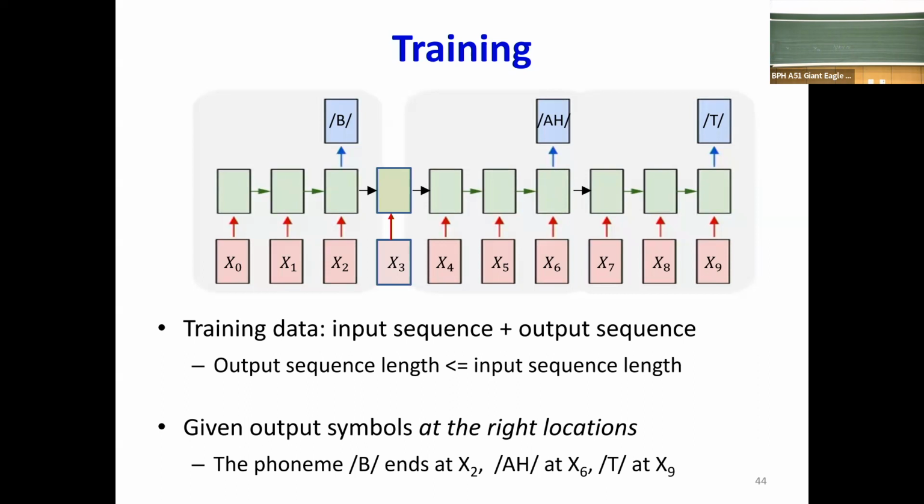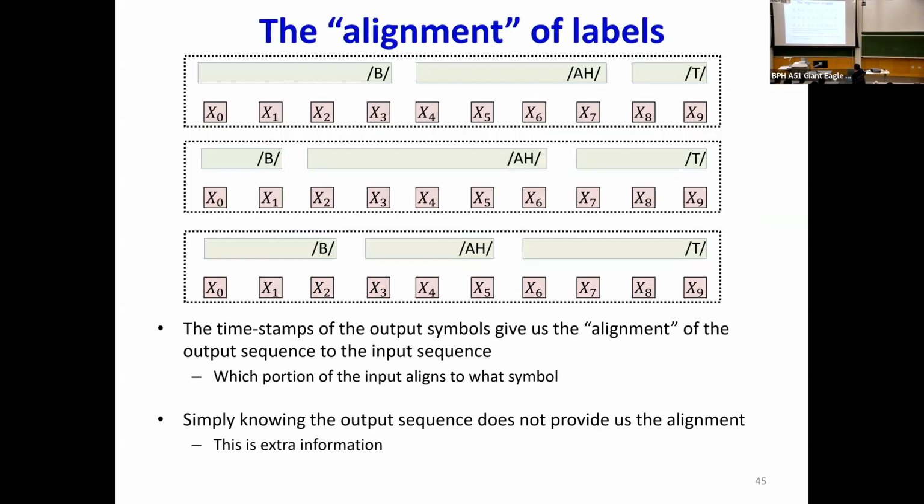Locations. The locations are missing, right? So you have this business of alignment. I need to know which portion of the input corresponded to Y, which portion corresponded to A, and which portion corresponded to S. So now, if all I'm given is the identity of the phonemes in the sequence, there are many different ways of aligning those 3 phonemes against my input.